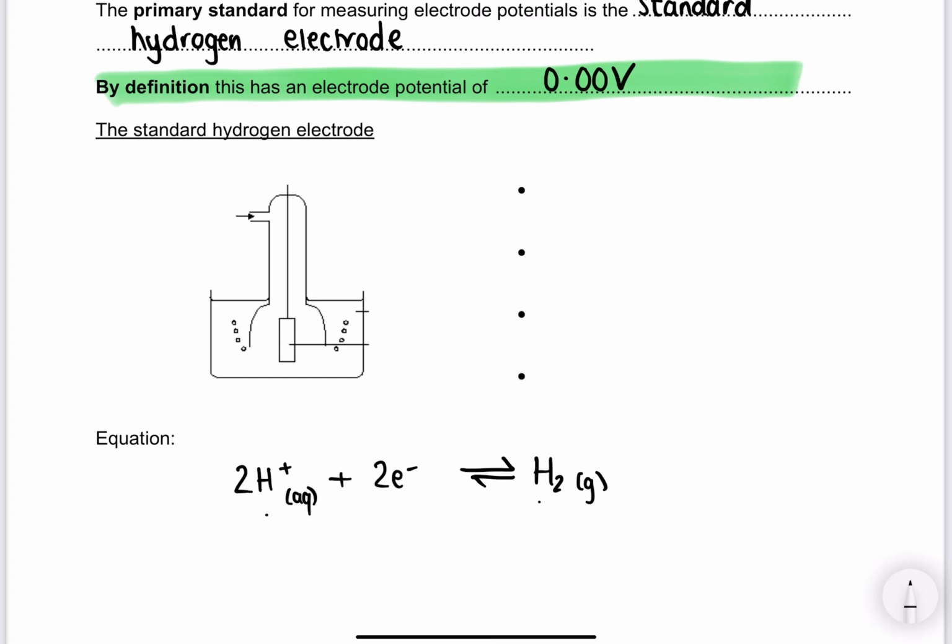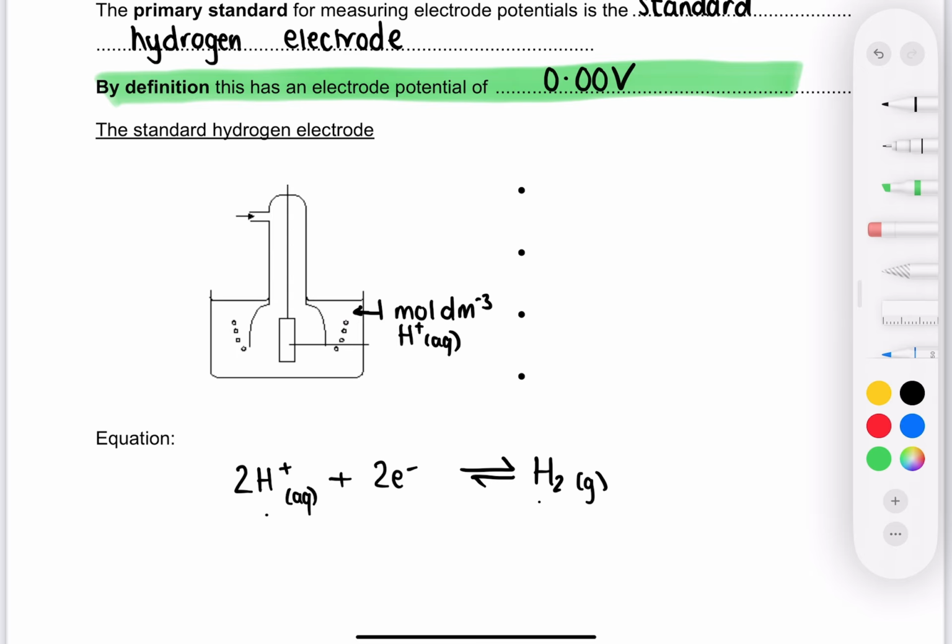One of them is aqueous, so why don't we label our solution, this little arrow here, I'll make it a bit bigger, 1 mole per decimeter cubed H+ (aq). I'm just going to move this up a tiny bit so that I've got a bit more room, and just correct my arrow.